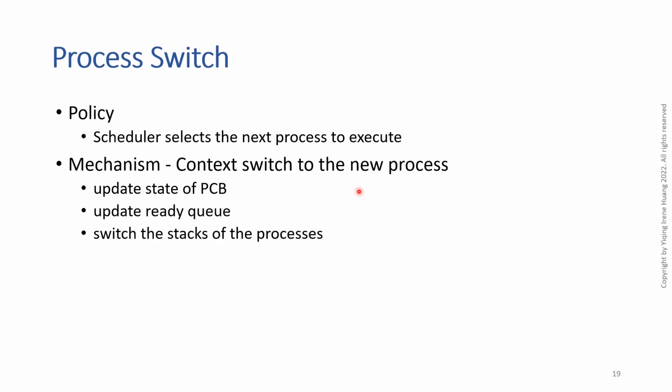This context switching involves updating the PCB, updating the ready queue, and finally, the most interesting one, switching the stacks of the two processes, which effectively does the context switching. I'm going to start with the discussion of the scheduler, and then I will move on to the context switching part.